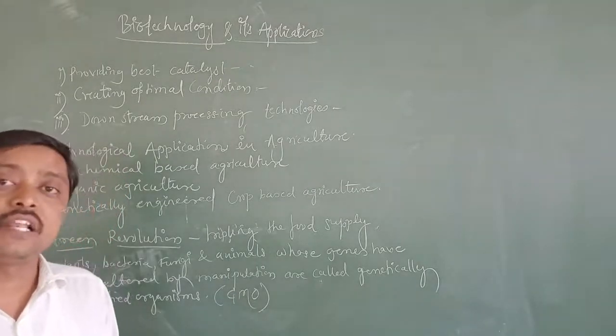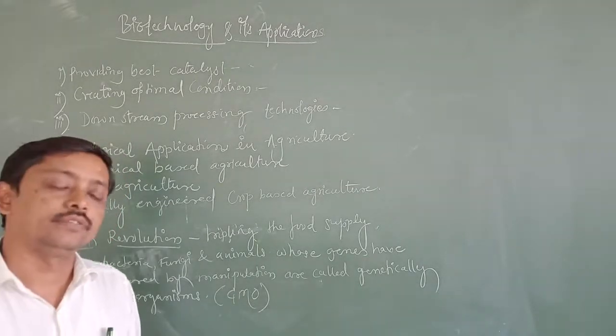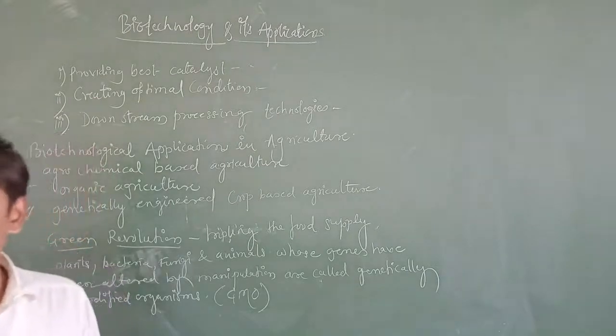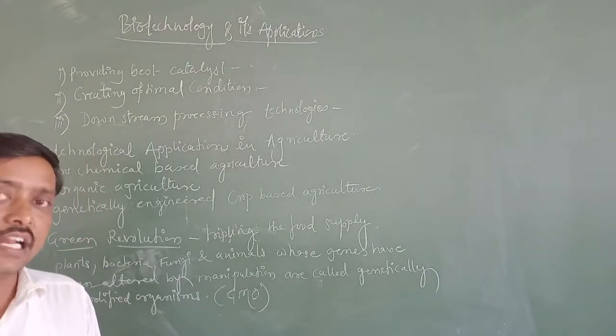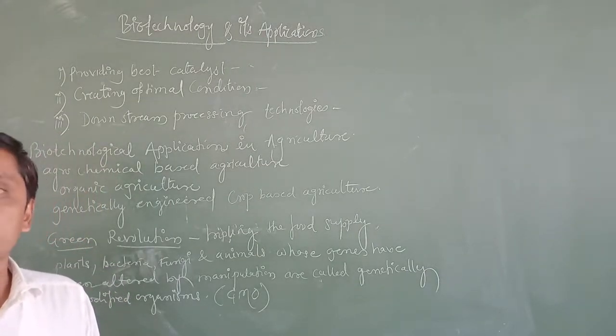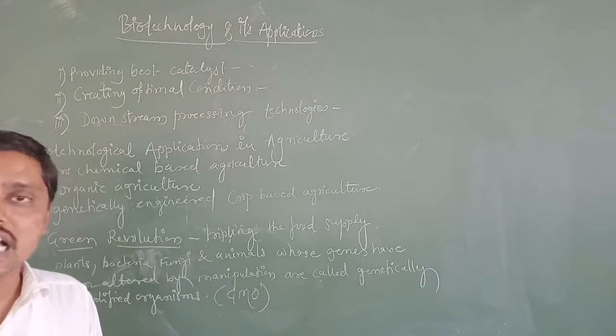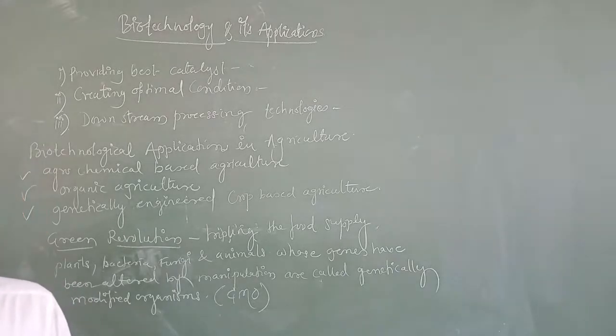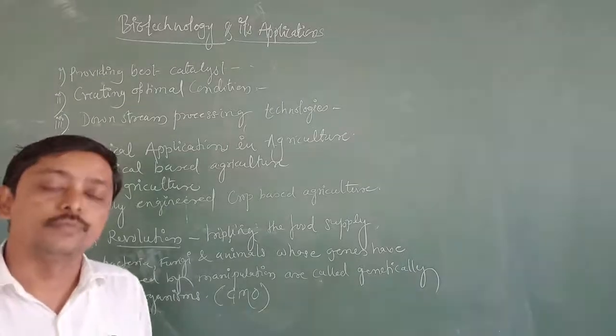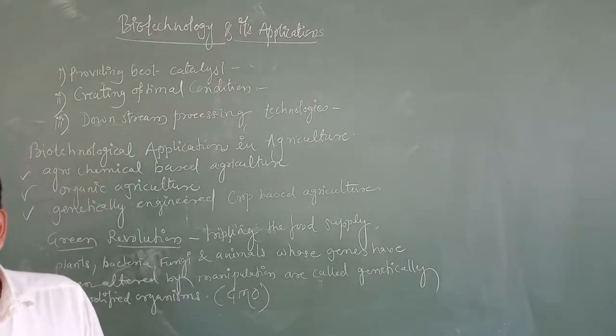The bands are visible after staining with ethidium bromide, followed by UV radiation, and the step of elution. Elution is the last step in gel electrophoresis. Diagram for gel electrophoresis.